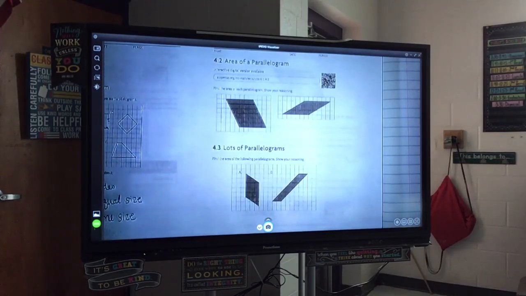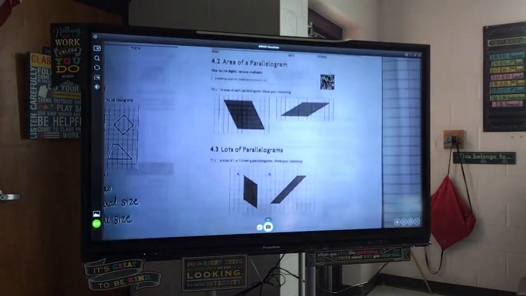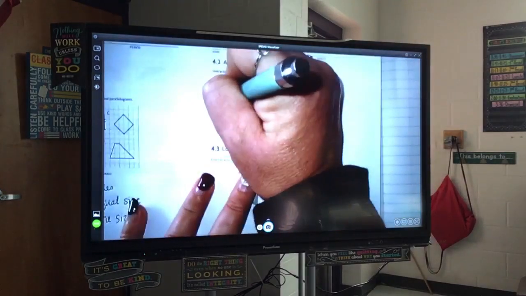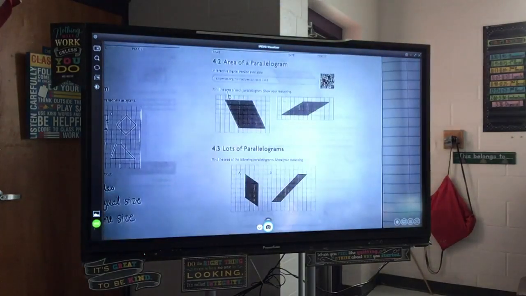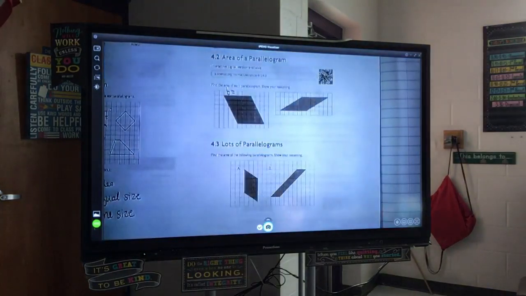Now, which side is our base? So let's look at this first one. Which side is the base? Troy? Right, so the bottom or the top. It doesn't matter which one you identify as your base, as long as it's the top or the bottom. So I'm just gonna put this up here. You can put yours on the bottom. I do not care because we're gonna get the same answer, right? All right, so what is the base equal to? How do we figure that out?